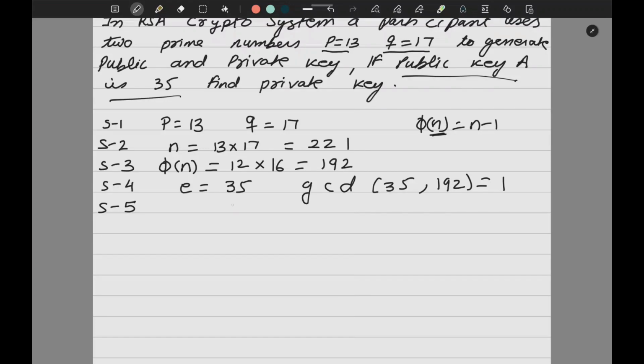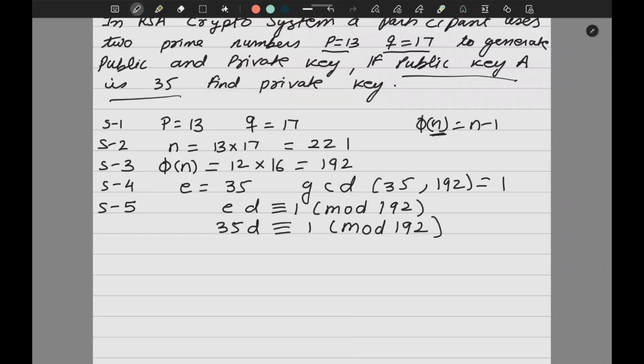I told you this is a linear congruence equation, ED congruent 1 mod of phi n, which is 192. Okay, you can see in the previous video I have explained to you the working procedure. Now let us substitute the value. Now E value is 35, so 35D congruent 1 mod 192.